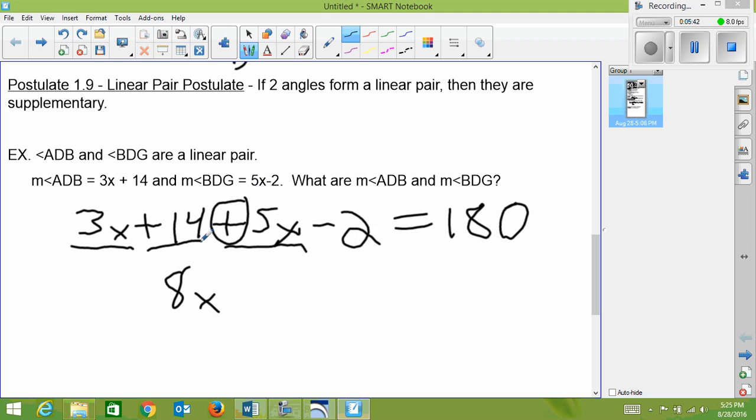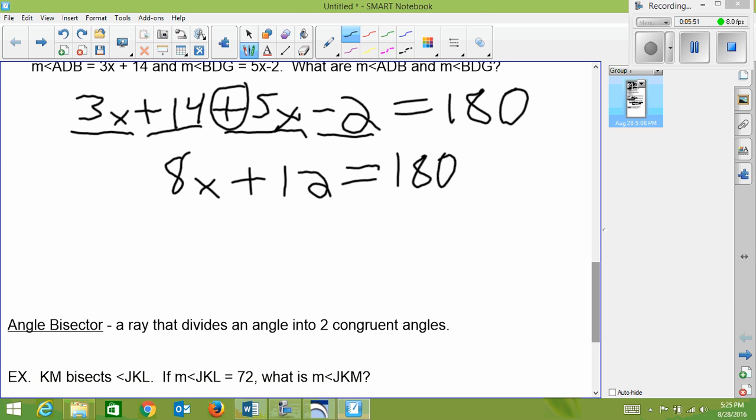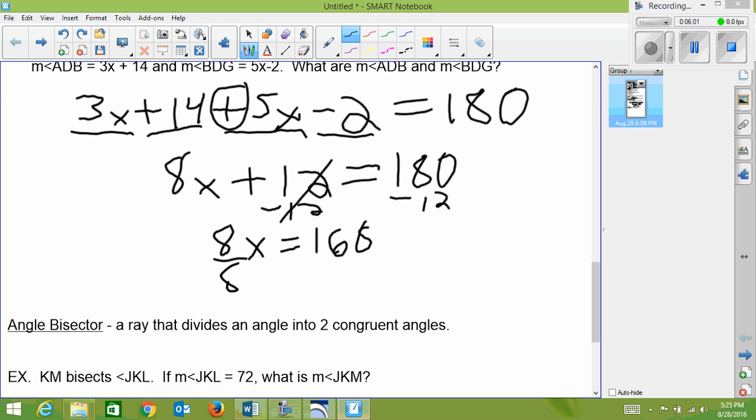We have a positive 14 and a minus 2, so I would be left with a plus 12 equals 180. And then I'm going to go ahead and get rid of my 12, leaving me with 8x equals 168. And I will divide by 8, and that will give me x equals 21.